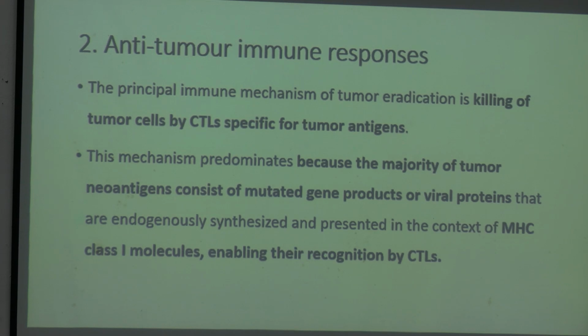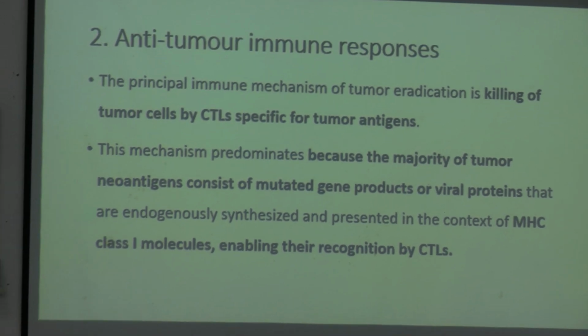This mechanism is predominant because the majority of tumor neoantigens consist of mutated gene products or viral proteins that are endogenously synthesized and presented in the context of MHC class 1 molecules, because previously I told you MHC class 1 molecules carry to CD8 T lymphocytes, or cytotoxic T lymphocytes.